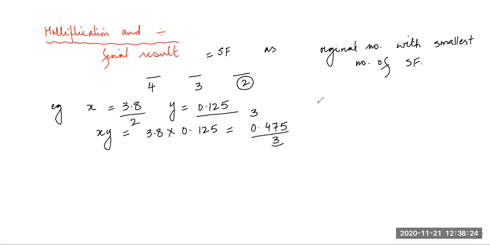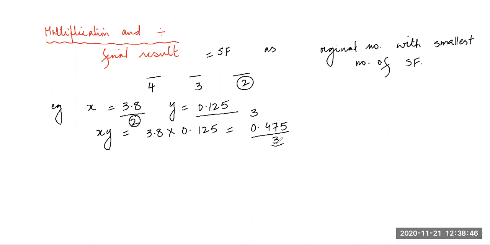So this is okay. No, I'm sorry, this is not okay. Here significant digits are 3 and here significant digits are 2. So it should be equal to 2.